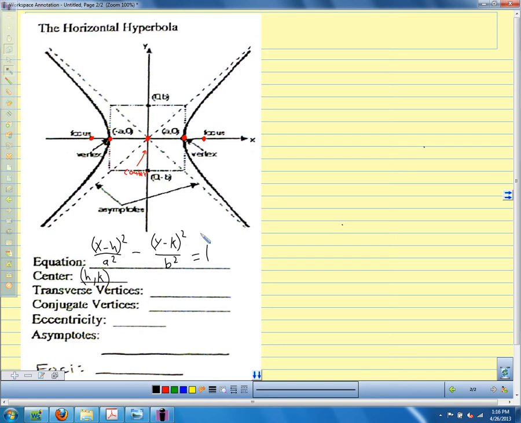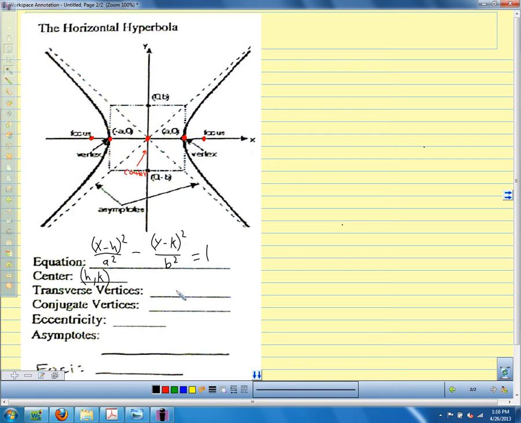The transverse vertices. The transverse vertices means the vertices that are on the same line as the focus. We call those the transverse vertices. Just like with an ellipse, the number a tells us how far to the left and the right of the center we're moving to get to the vertices.